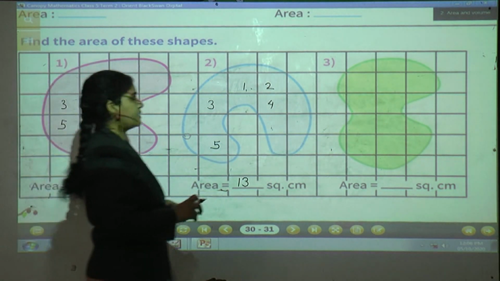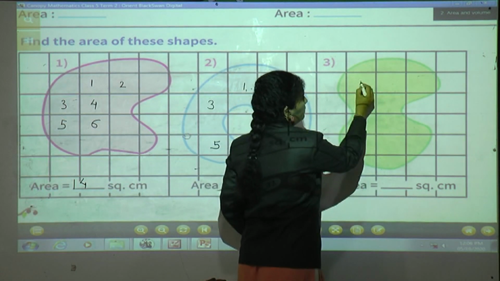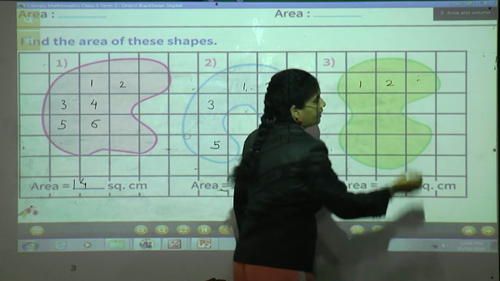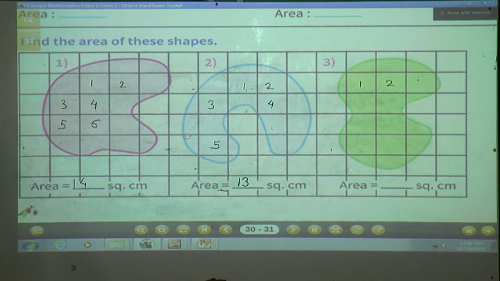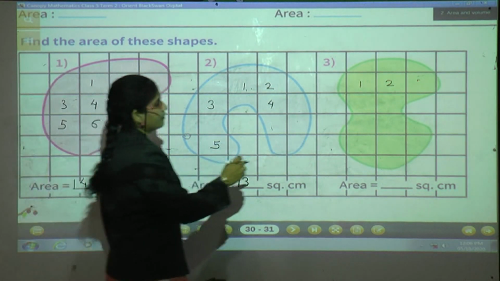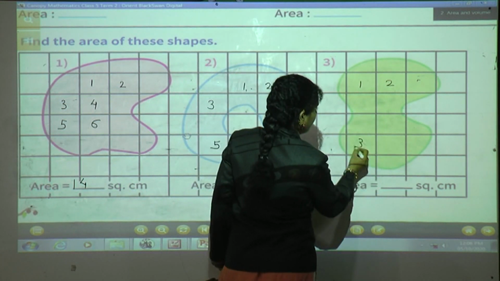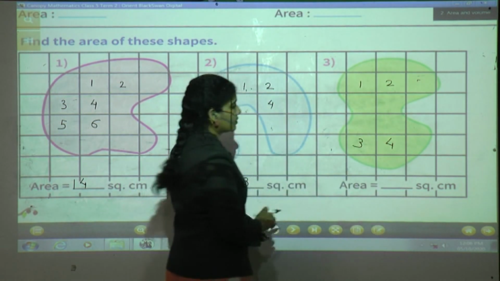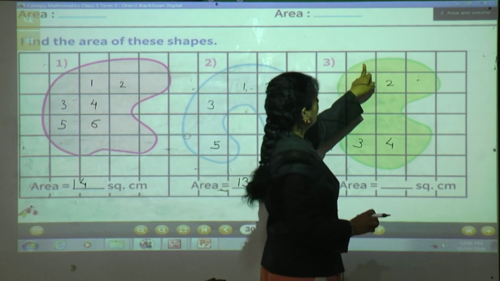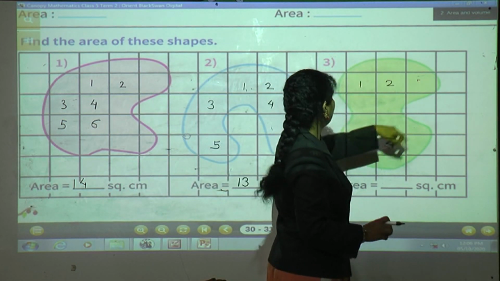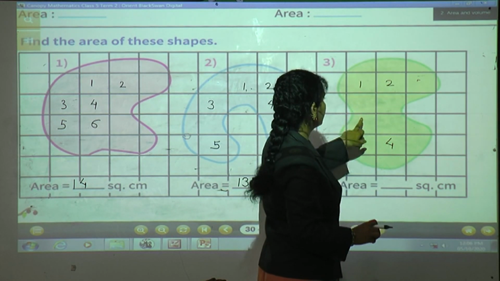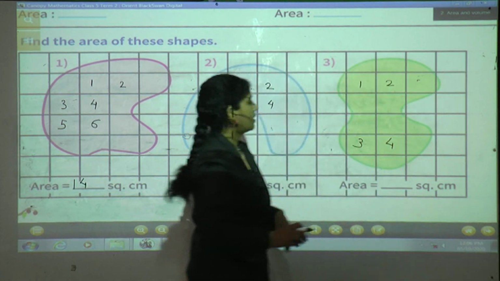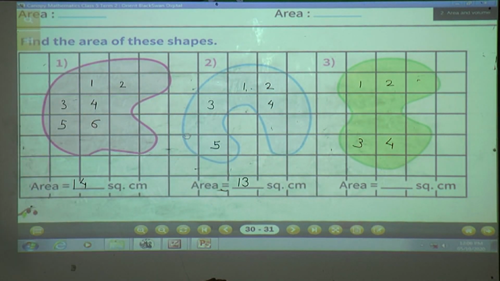Count full squares first. 1, 2, and this one I will see in textbook. Wait, yes, 3, 4. So here 1, 2, 3, 4, 5, 6, 7 and 8. See students, here are some mistakes.